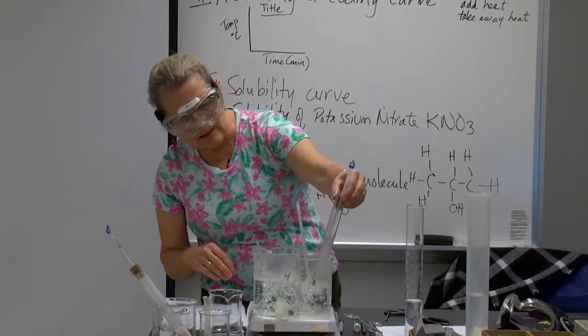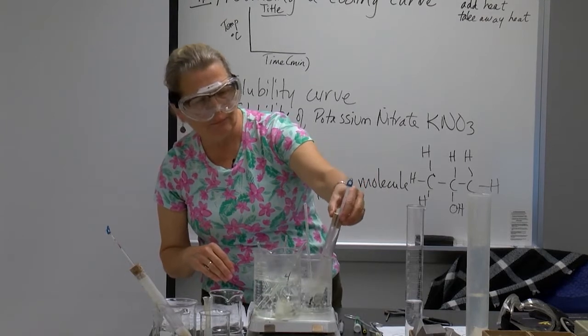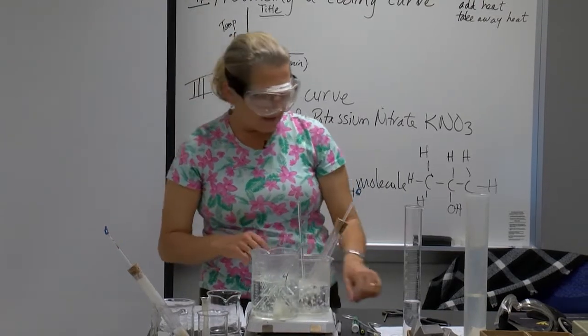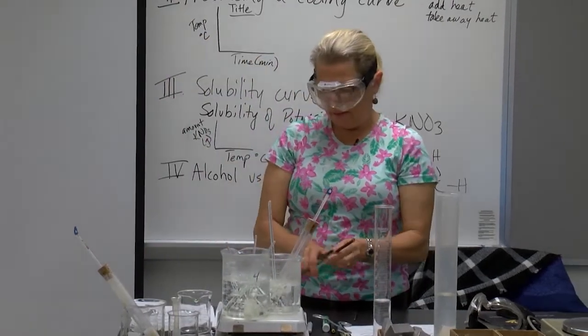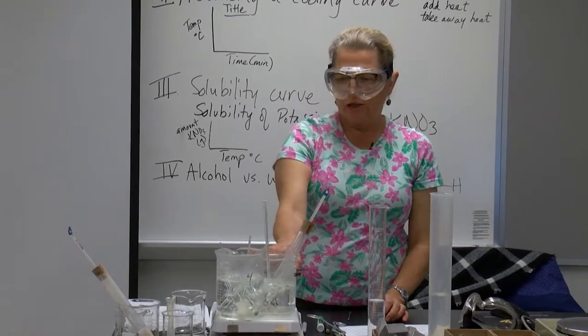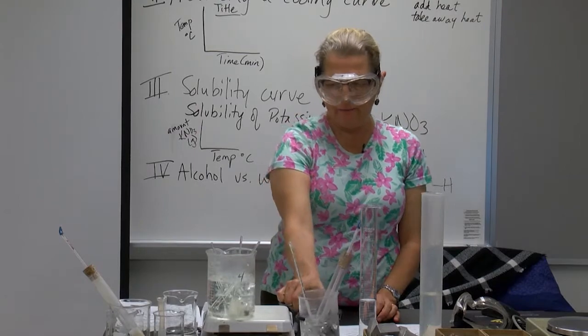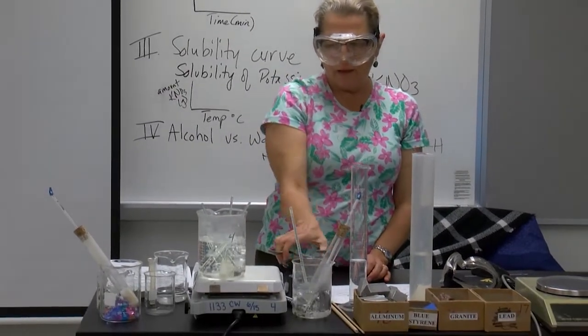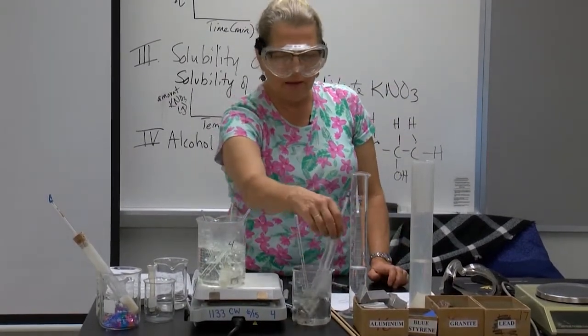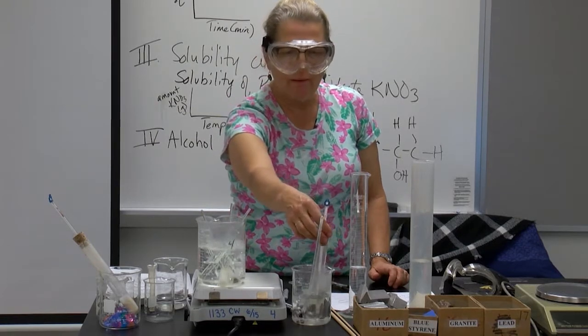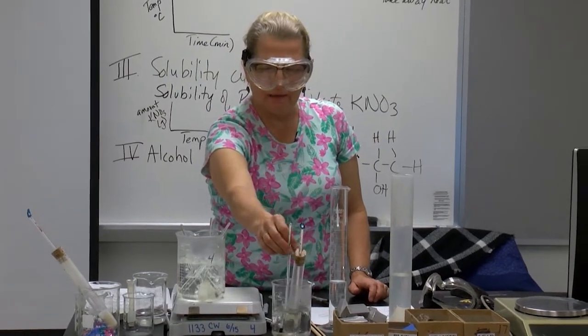All of these things are what we call properties of matter. Just going to look at this a little bit longer. And it looks like it's completely melted. And so what I'm going to do is place it on the table. And this will be my 0-minute reading.